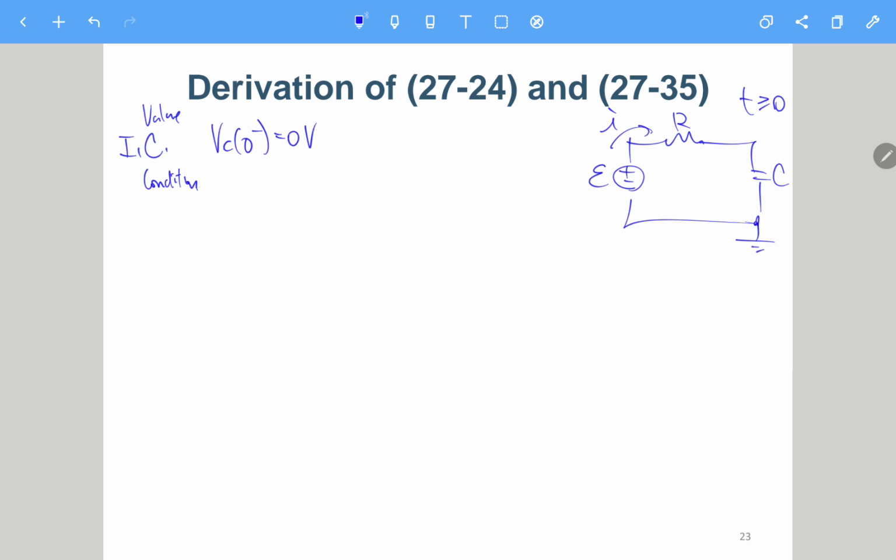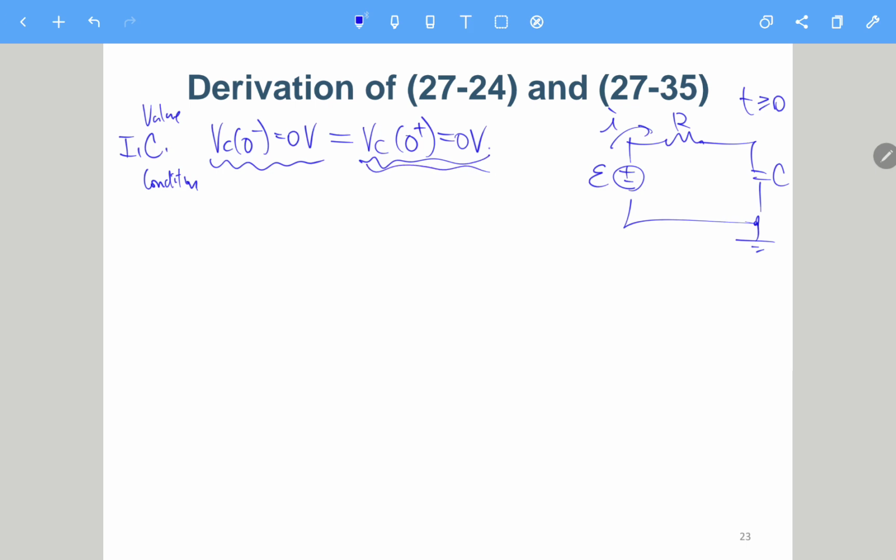I hope you still remember only the voltage of a capacitor must be continuous; the current might not be continuous. So here we can quickly write that VC(0 plus) is also 0 volt. So this is the initial condition.